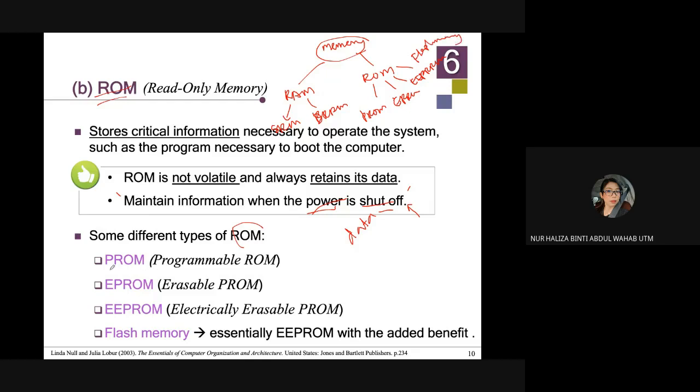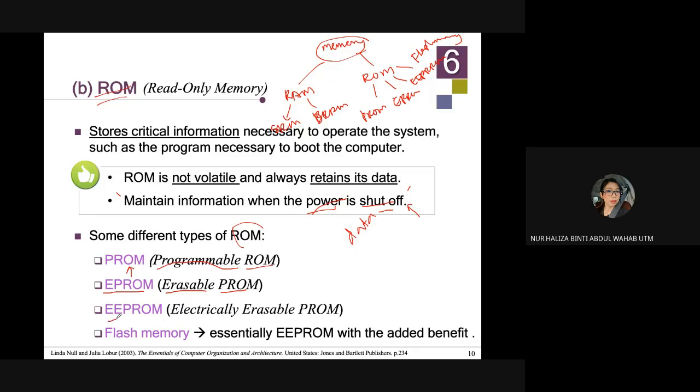So what is PROM? It is programmable ROM, the one that you can reprogram in your computer. And then EPROM is erasable PROM, the one that you can erase from your PROM.